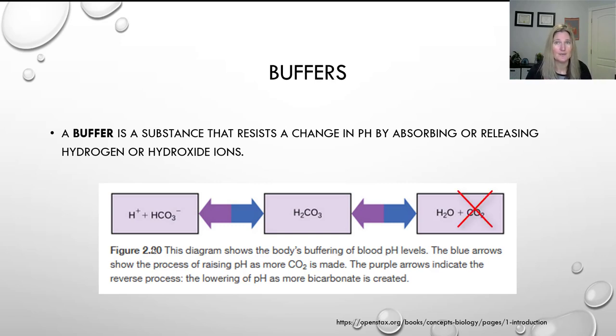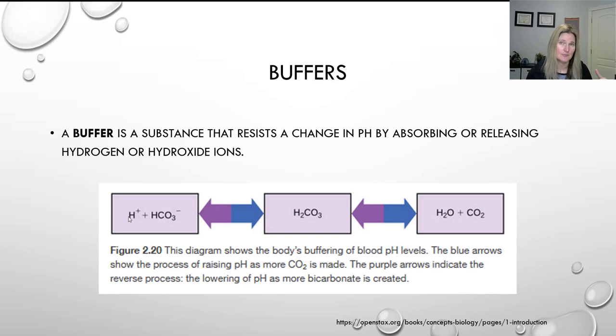So if you've breathed out too much carbon dioxide, then you have removed a lot of basically the acid part, or you're releasing too much hydrogen ions into the solution. So that will cause our carbonic acid to break apart to release more hydrogen ions into the pH.